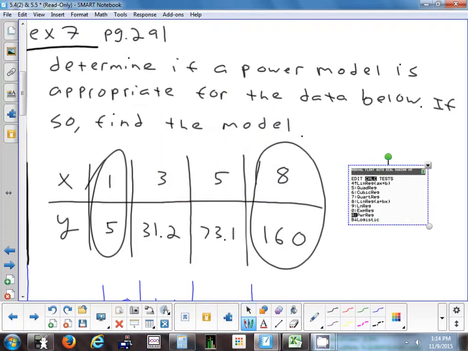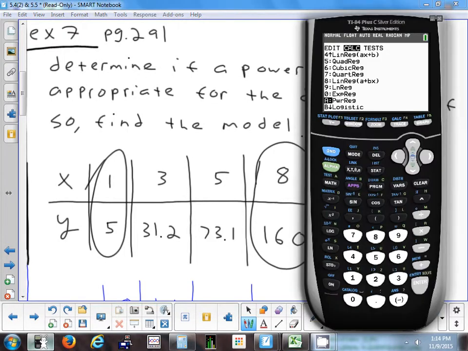On mine it's option A. It says PwrReg. You're going to press on that. Now, as long as you typed your x's in L1 and your y's in L2, don't mess with the x and y list. I'll come back to what this is in a second. Don't worry about the equation. Just go down to Calculate and hit enter.